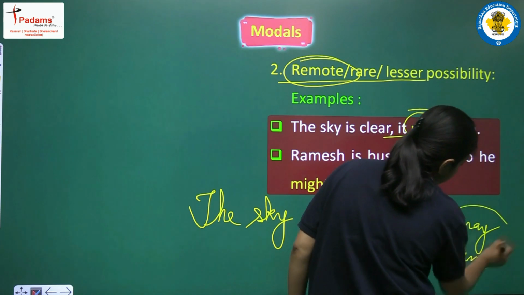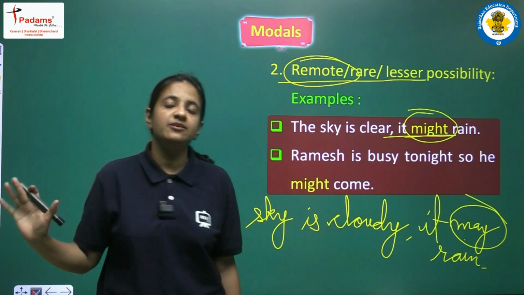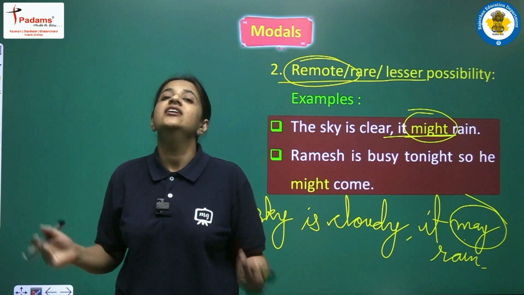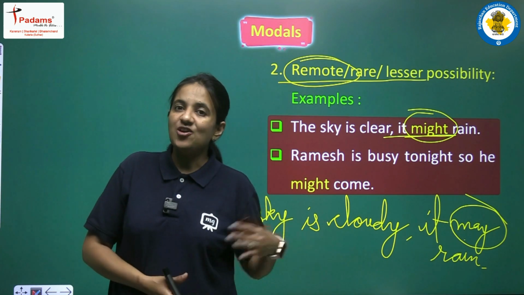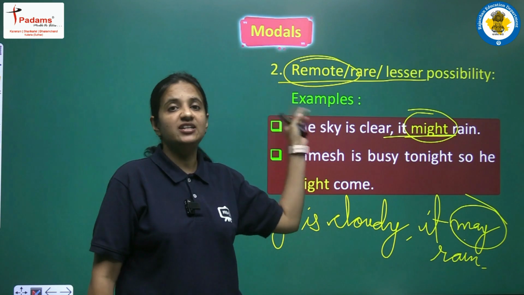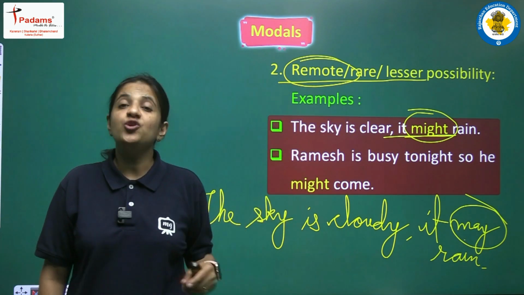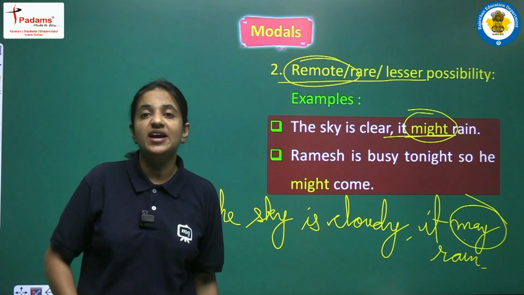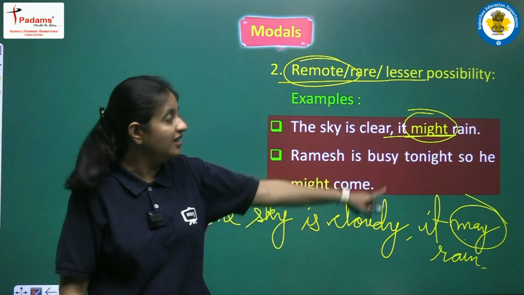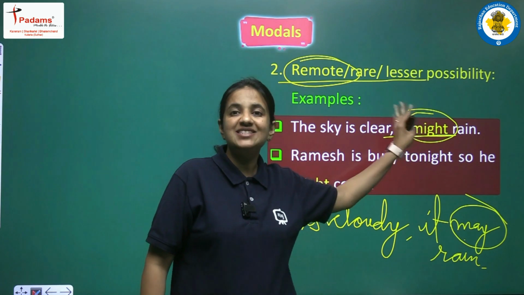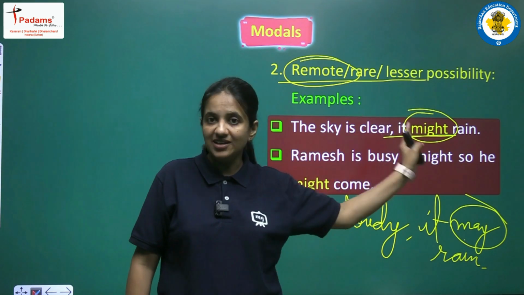But here we are saying that the sky is clear, it means no clouds are there in the sky. So now the possibility of rain is very remote, very less, we can say very rare. So when we are trying to show remote possibility, or very less possibility of something, then we have to use might in a sentence like the example we are having here.